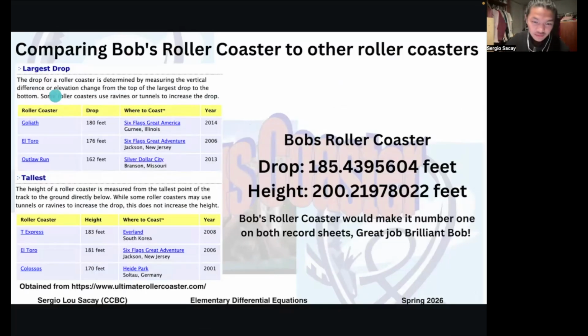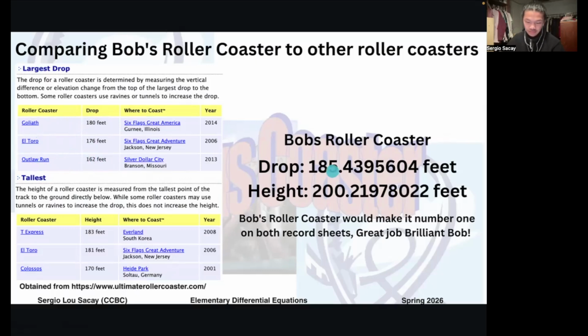I went to Google and looked up world record wooden roller coasters. Here we have a roller coaster named Goliath, and the drop is 180 feet. And then El Toro, 176 feet. And then this one is 162 feet.